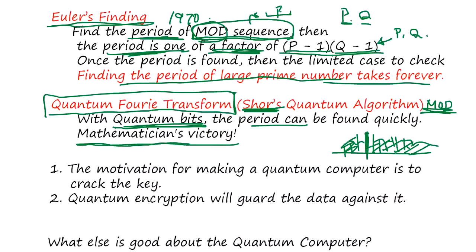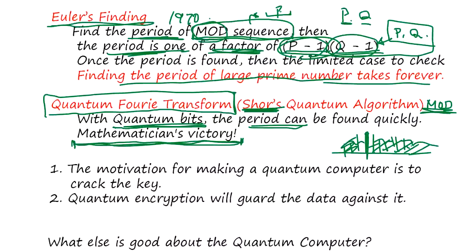They came up with this algorithm. So that means if we have entangled quantum bits, then we can use that to find out this period. Once we know the period, p minus 1 and q minus 1, we can guess by simple search.